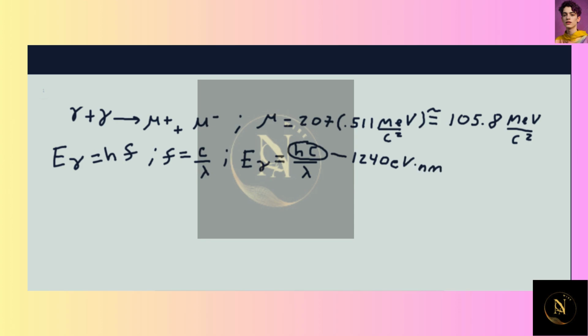All right, now what does this mean? h is in units of what? eV times second, and c is in units of meters per second. All right, so the seconds cancel out of this, and the unit on meters is times 10 to the minus 9, which is nanometer.